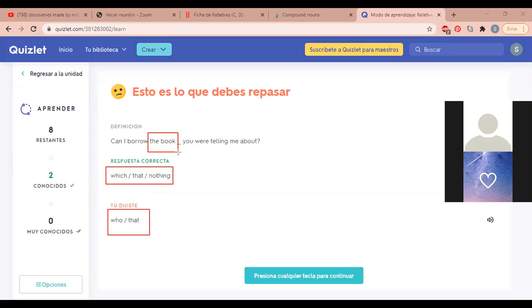Ojo que aquí estamos hablando de un libro, es una cosa o un objeto. Y who o that lo ocupábamos únicamente para personas. ¿Sí? That's the reason why the right answer was which or that. Ok. Mucho ojo a eso, Wilson. Let's continue.